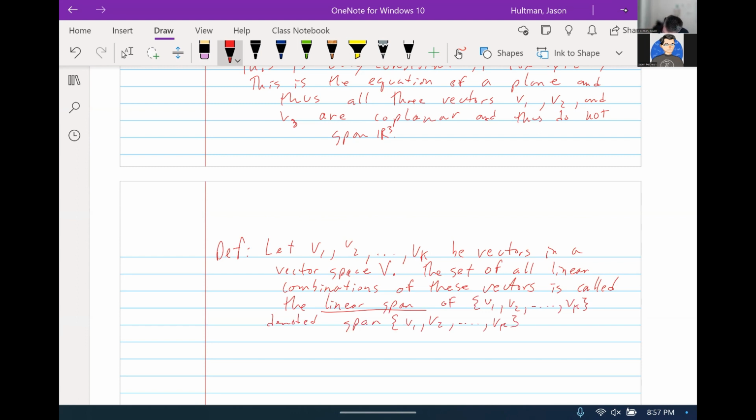Okay, which is equal to, let me write that over here, which is equal to v, vector v, which is an element of vector space V, such that c1 v1 plus c2 v2 plus dot dot dot plus ck vk.